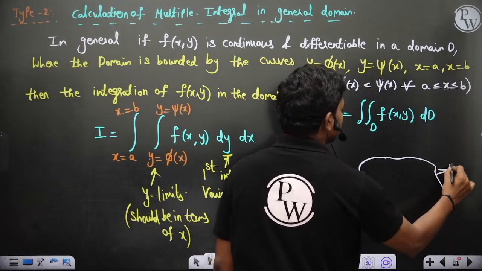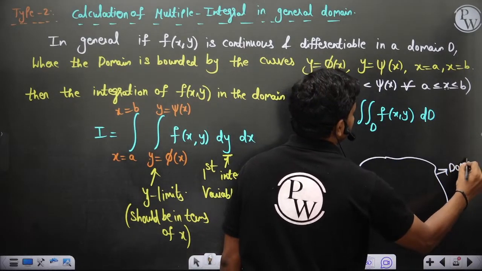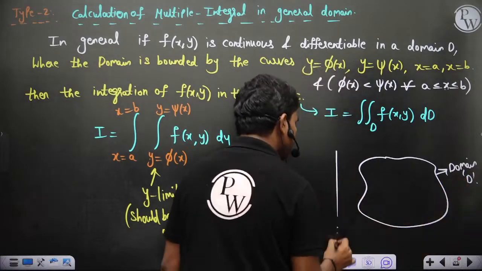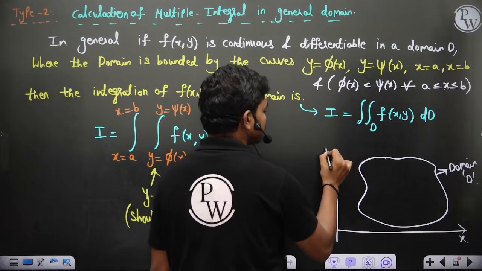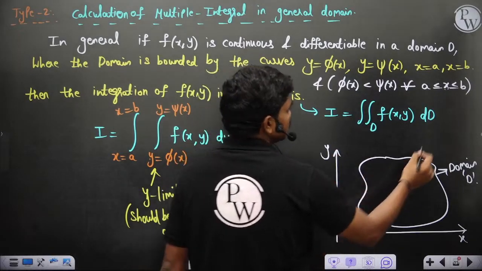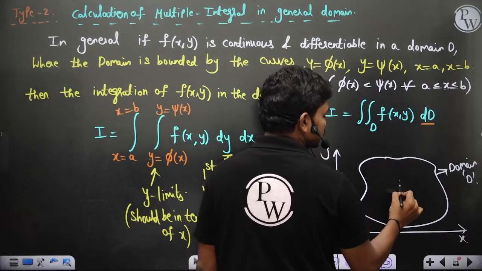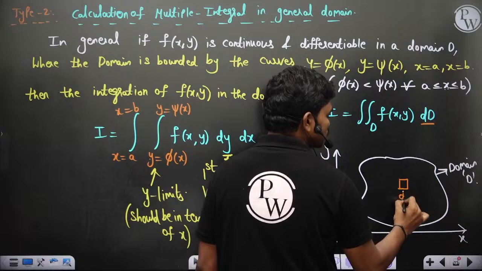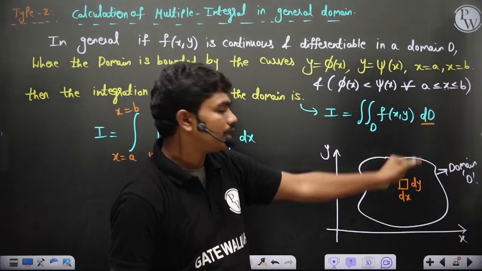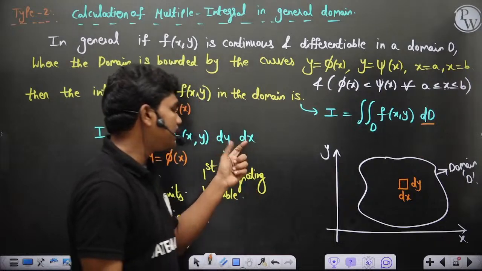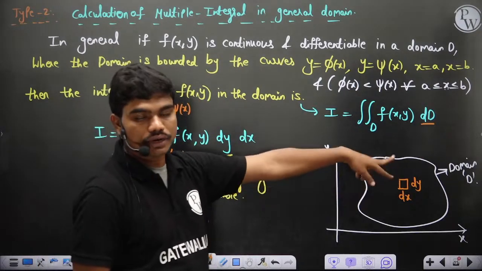So this is domain D, and let's say your x and y axes are somewhere here like this. So this is the x axis and this is the y axis. In Cartesian coordinates, this small elemental area is chosen somewhere in this element. So this length is dx and this length is dy. So the small elemental area of the domain is given by dx into dy or dy into dx, because the area of the rectangle is dx into dy or dy into dx.